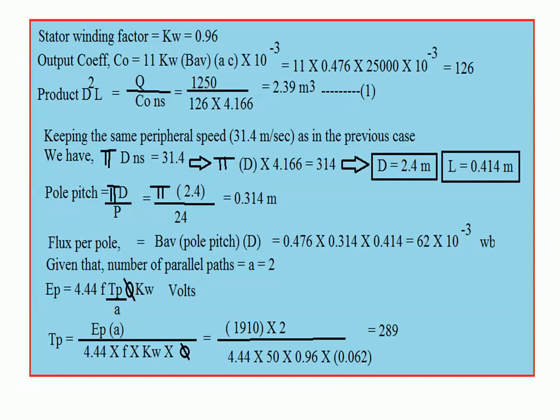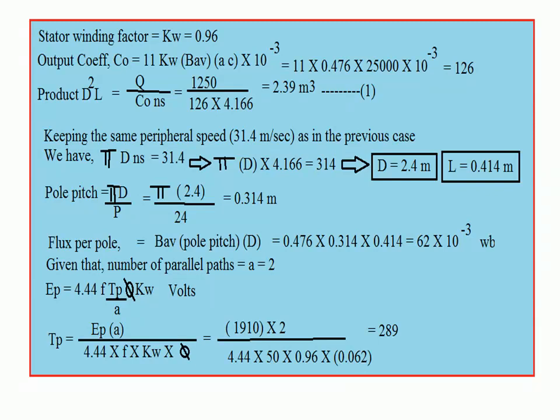Keeping the same peripheral speed of earlier alternator, hence pi d into Ns equal to 31.4. Then you substitute Ns of this second alternator, calculate the diameter d equal to 2.4 meters. Again substitute this value in equation 1, L equal to 0.4 meters.